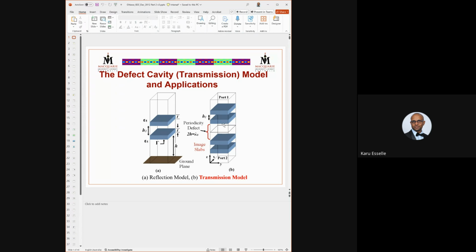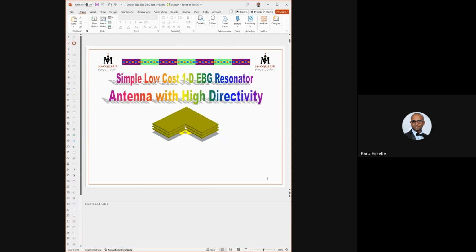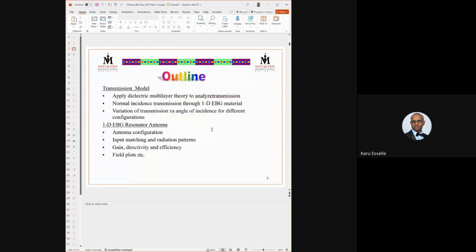First, I assume that the superstructure has multiple layers, like those 1D electromagnetic band gap structures, like this one. So 1D EBG resonator antennas with multiple dielectric slabs can be designed this way.